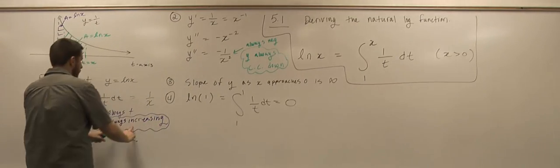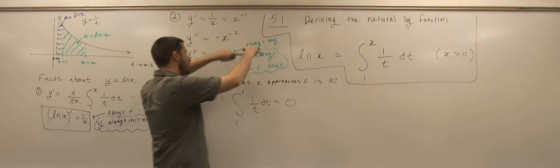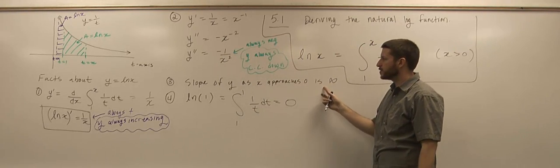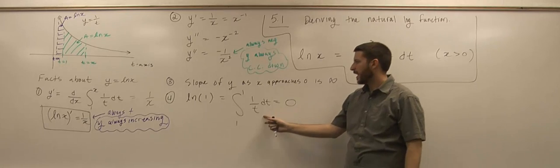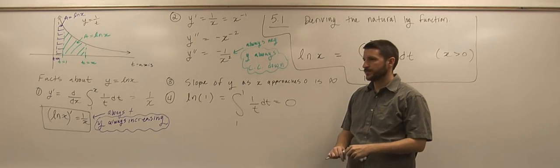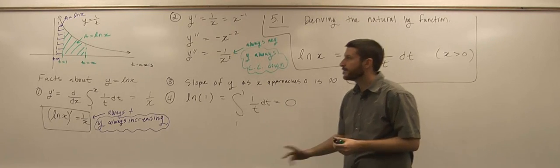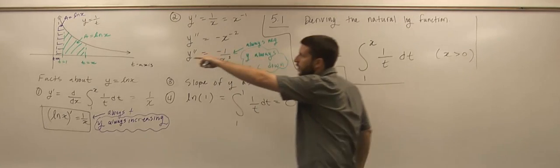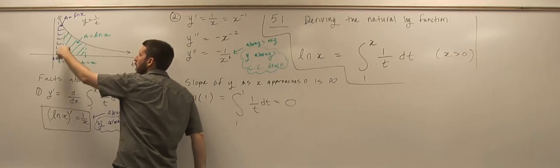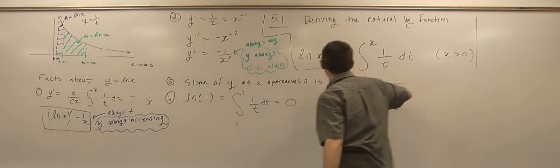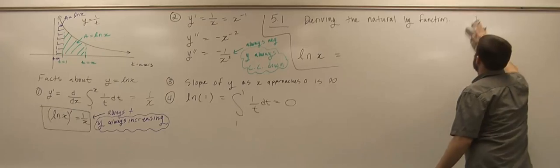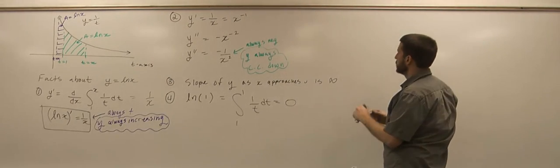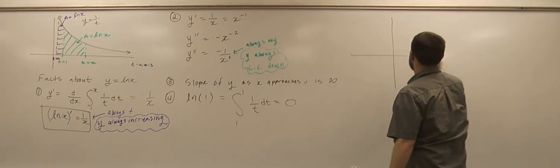So I'm always increasing. I'm always concave down. My slope goes to infinity as I approach 0. And ln of 1 equals 0. So I can get a graph. So this accumulation function, the function that counts the amount of area under this curve, looks like, let's see.